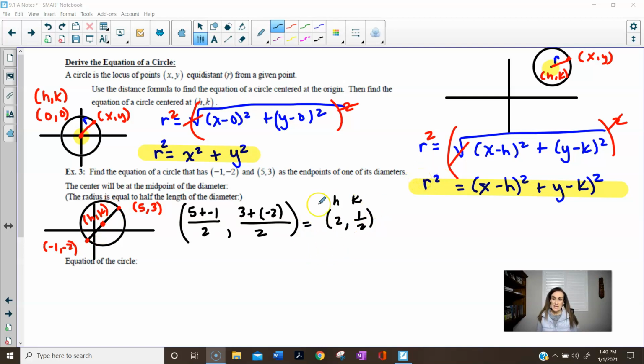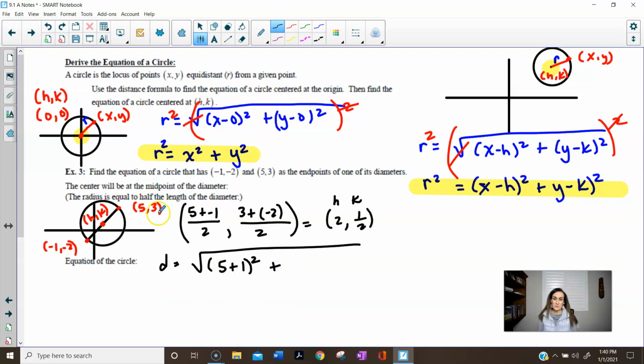Or I could use HK and find the distance from HK to say 5, 3. I'm going to go ahead and look for the diameter. So the diameter is going to be the square root of, you'll subtract your x values. So 5 subtract -1 squared, and then make sure you start with the same point each time.